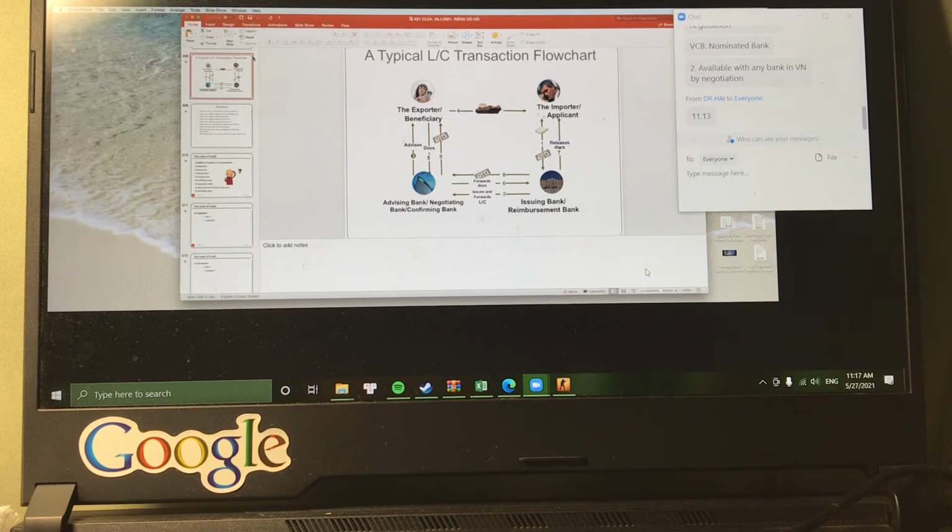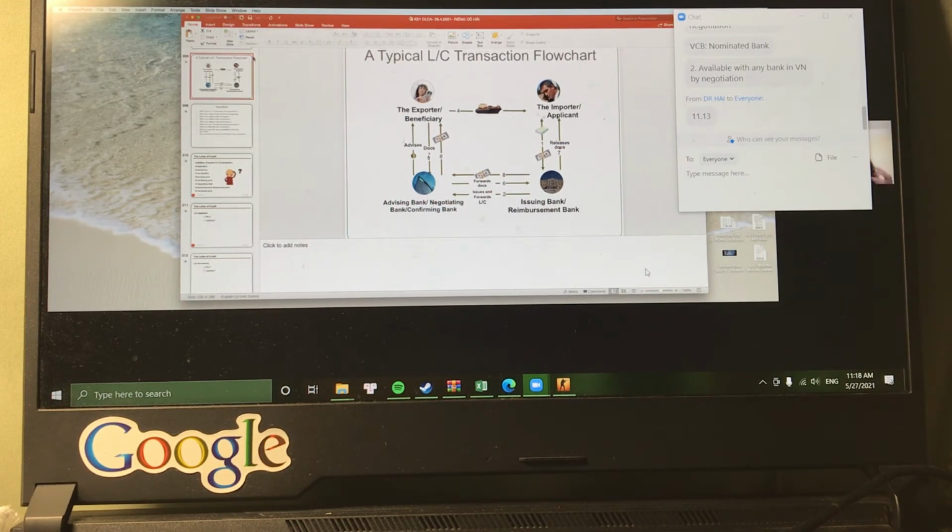And what does the issuing bank do after receiving the ALC? I think after this, the issuing bank forwards ALC to the... No.